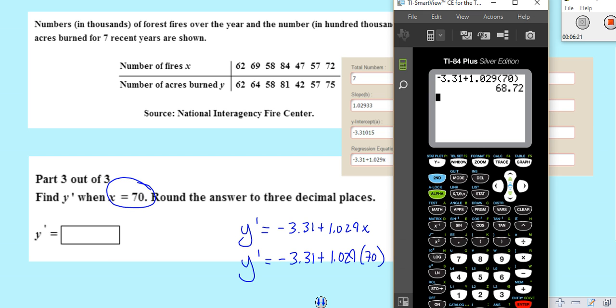And we find out that our prediction at that point would be that we would burn 68.72 acres. Alright, so that's how we can create a linear regression equation and then use that regression equation to make a prediction.